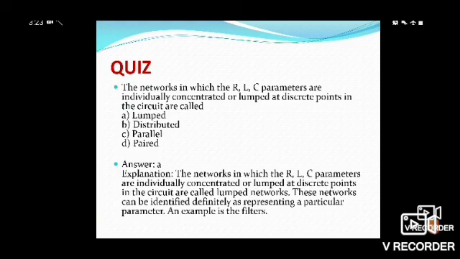So all of these are going to be under lumped. That is option A, the correct answer.